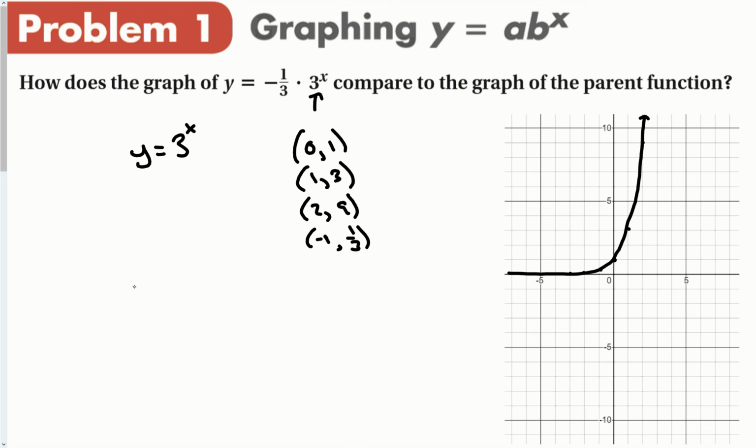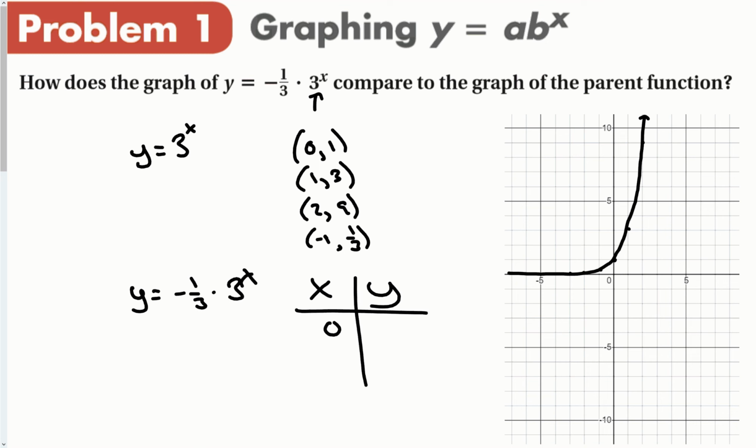This is different from the function negative 1/3 times 3 to the x power. If I make a table again and start plugging in numbers, at 0 that is 1 times negative 1/3, so instead of being up here, now I'm down there. If I plug in 1, I get 3 times negative 1/3, that's negative 1.